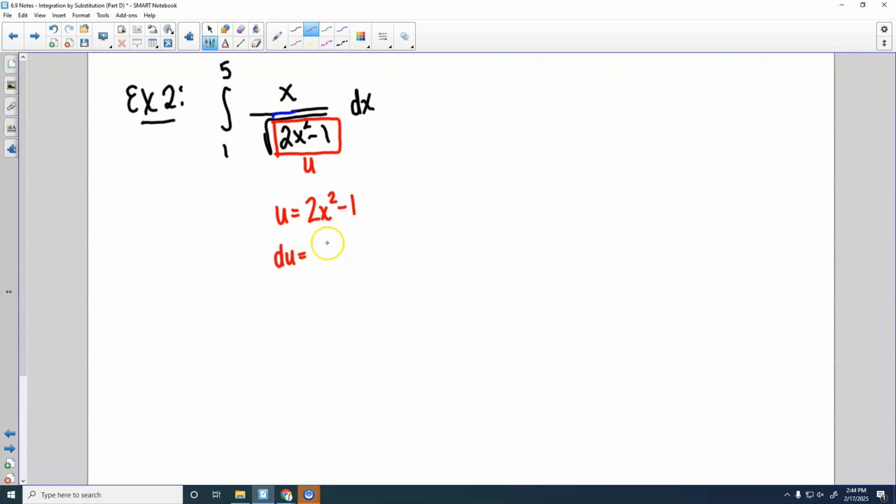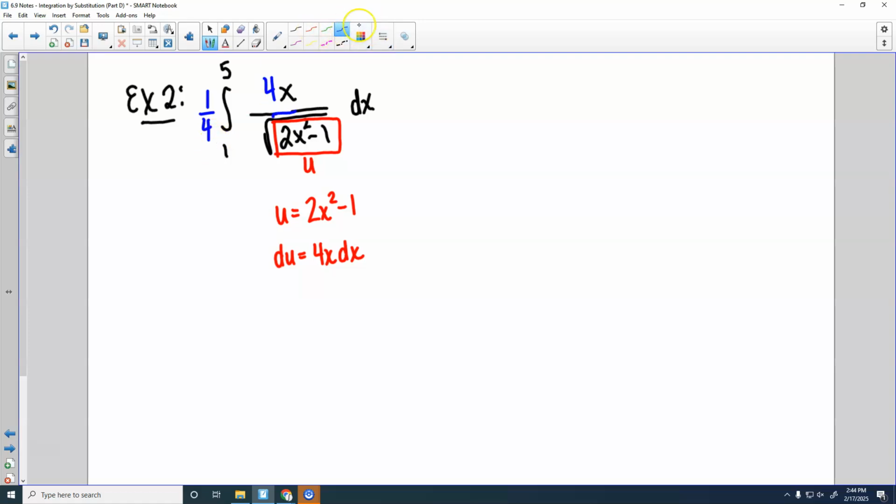So what would du be for this? For x dx, I've got the x that I need for my x dx, but I need a 4 right here. So if I put a 4 in that numerator, what have I got to do on the outside? 1/4, right?